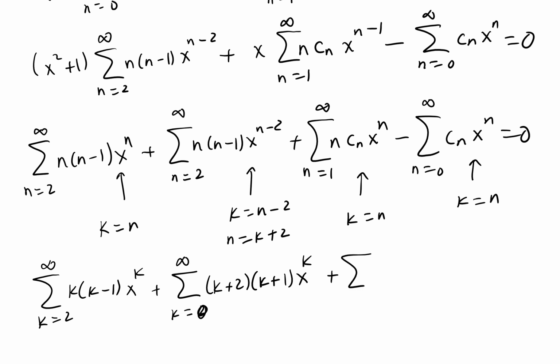Plus the sum from k equals 1 to infinity of k c_k x to the k, minus the sum from k equals 0 to infinity of c_k x to the k, equals 0. So now they all have the same x to the k term.